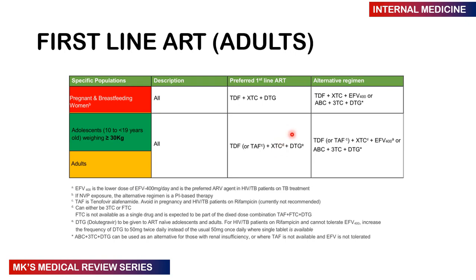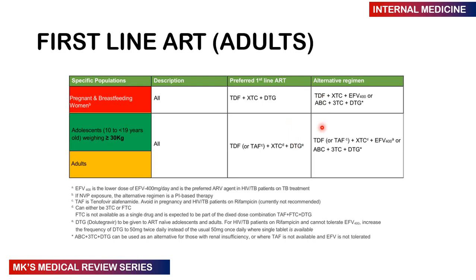So generally, if you get a patient that has HIV and TB and they are on rifampicin and they can't really tolerate efavirenz, then you will have to increase the dosage of DTG to twice a day. Usually we take the dolutegravir once a day, so we want to actually increase it to twice a day. So we give them 50 milligrams twice a day, because remember that there is a drug-to-drug interaction between rifampicin and dolutegravir.